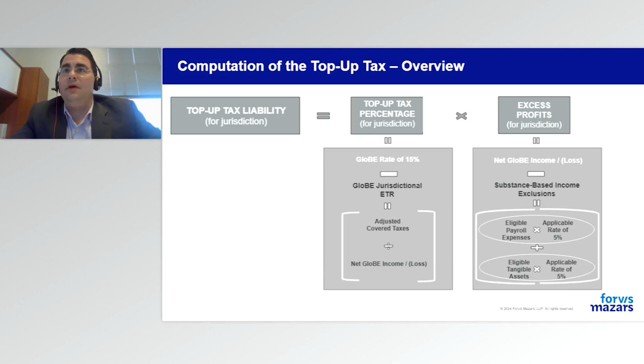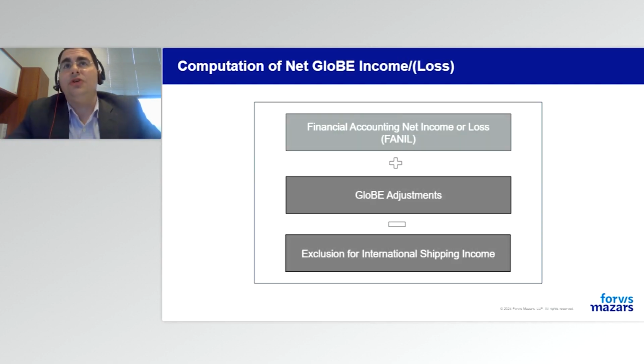GloBE income is where we are centering in today in this chart, and as you can see, net GloBE income is what factors in on both sides of the equation. Article 3, in a nutshell, and there's a lot more components to this, sets out what GloBE income is, and basically says you start with your financial accounting net income or loss in the particular jurisdiction.